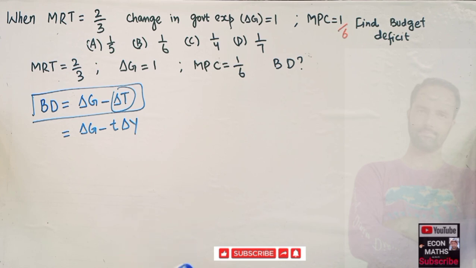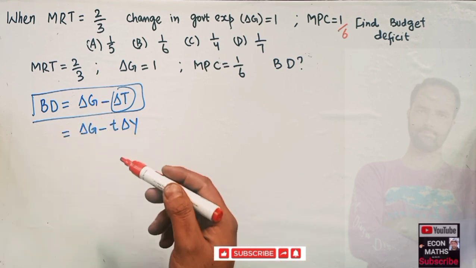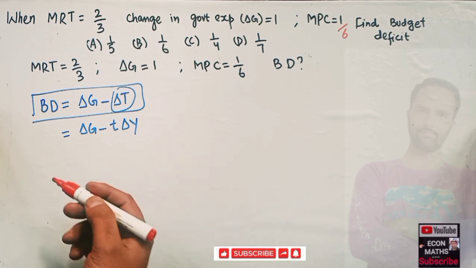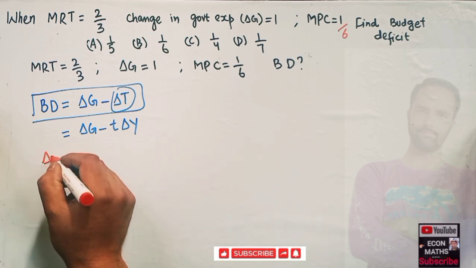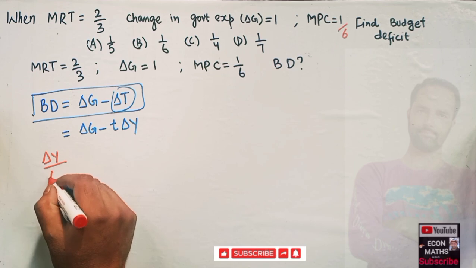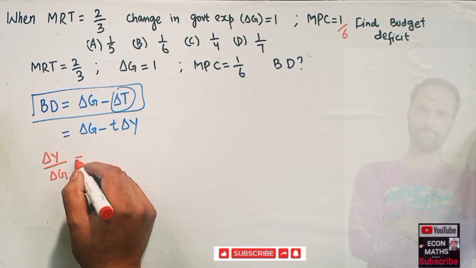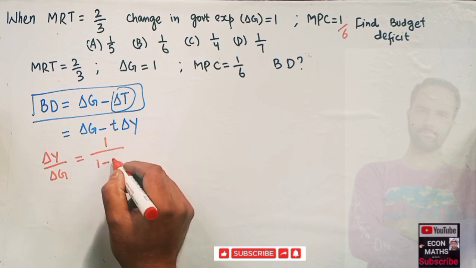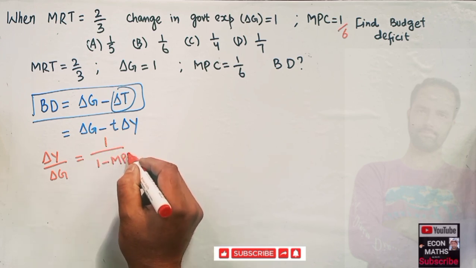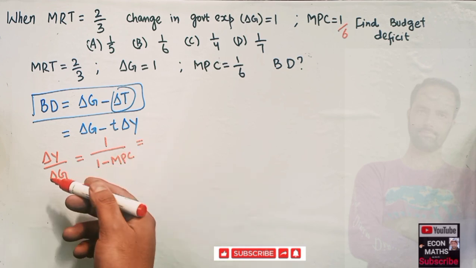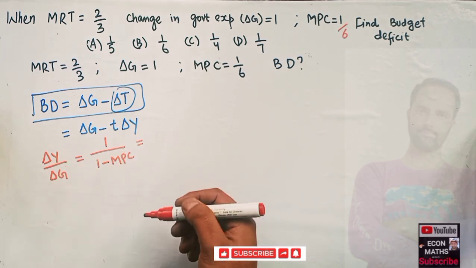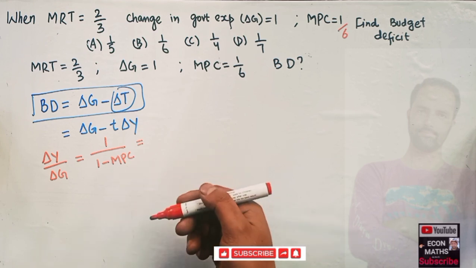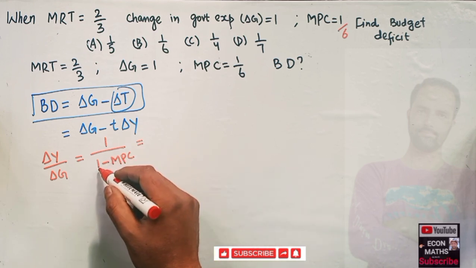Simple. Now what we also need to find out is the change in income with respect to change in government expenditure. That means we need to find delta Y upon delta G, the government expenditure multiplier, and it is simply 1 upon 1 minus MPC. I have explained in a number of videos how we calculate this, so I will not explain it here again. So what is 1 minus MPC?